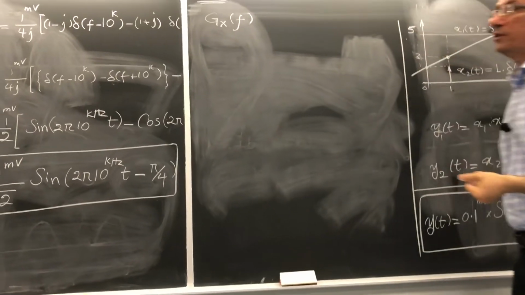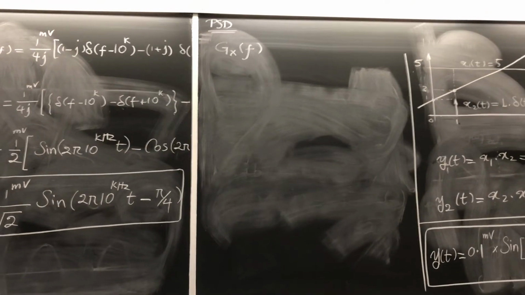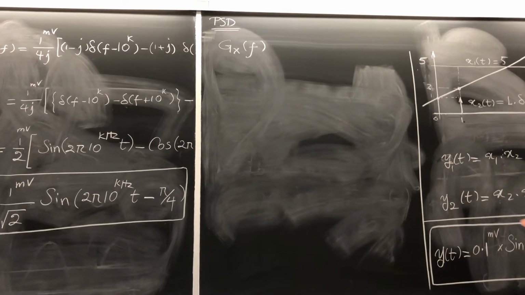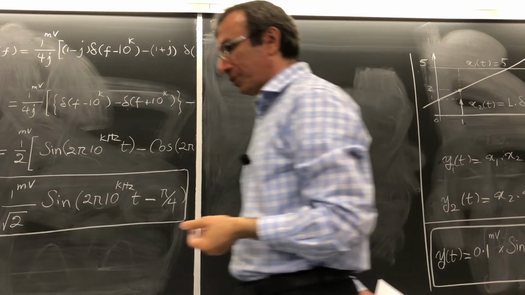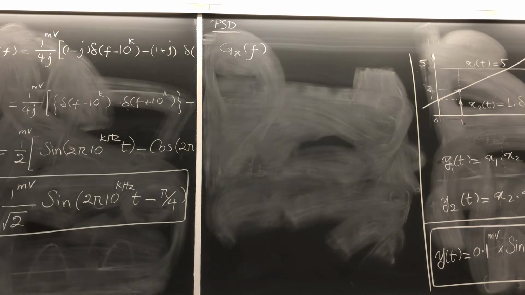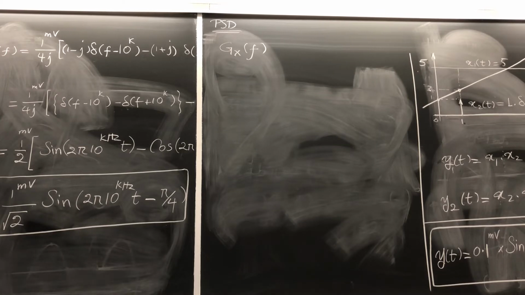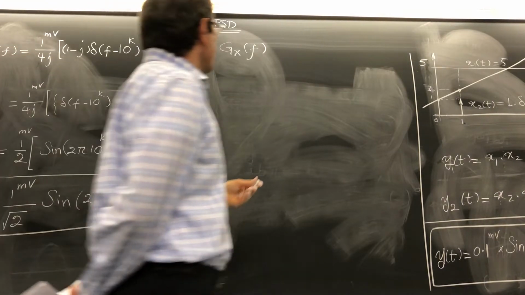So for the white noise, you remember what was the shape of the PSD? For white noise, what was PSD? It was a constant value, right?